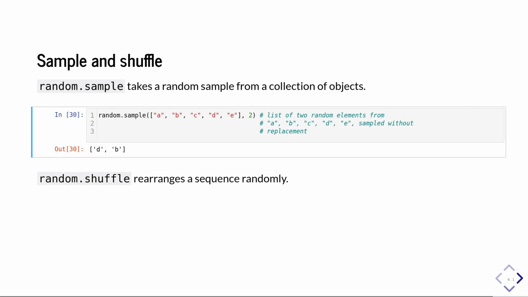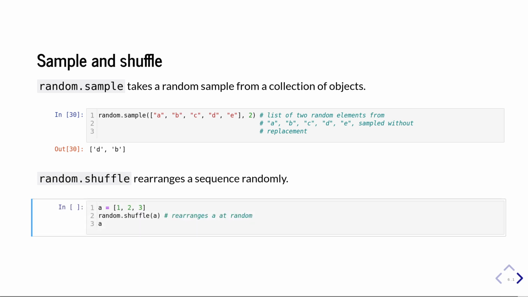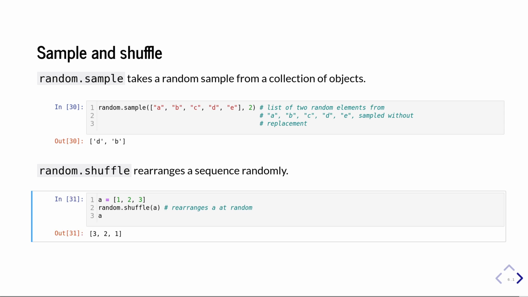Random.shuffle, on the other hand, will rearrange a list. So if you call random.shuffle on a list A, then what happens is A will change, and it will change by being rearranged at random. So, of course, there's a small probability it remains the same, but any permutation of A is possible, and each one has equal probability. So here I rearranged A, and I got 3, 2, 1.